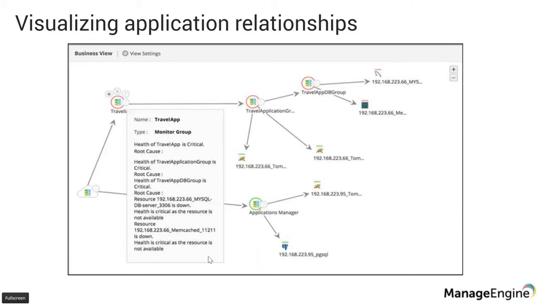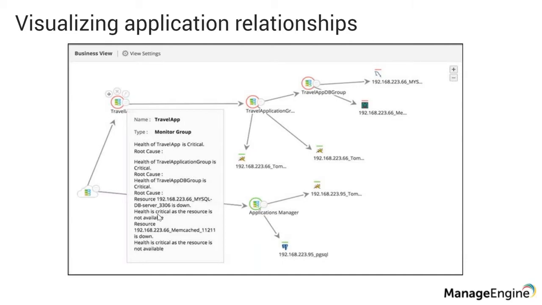And this info card particularly packs a lot of information about the health of all the devices that we can see on our screen right now and their underlying root cause. So we can not only understand that there is an issue, we can actually pinpoint the exact source of that issue.